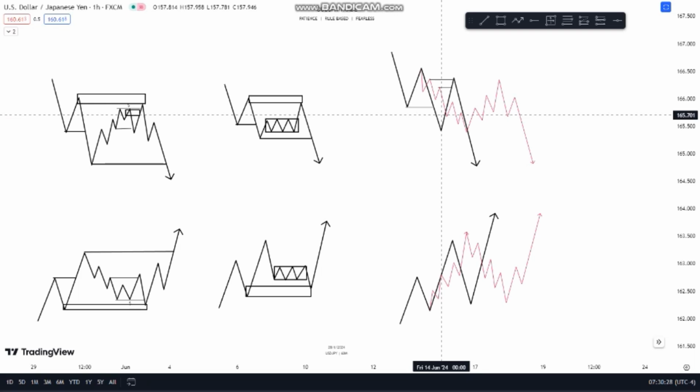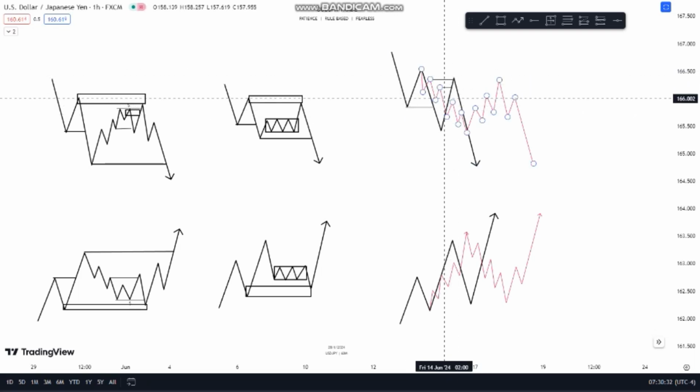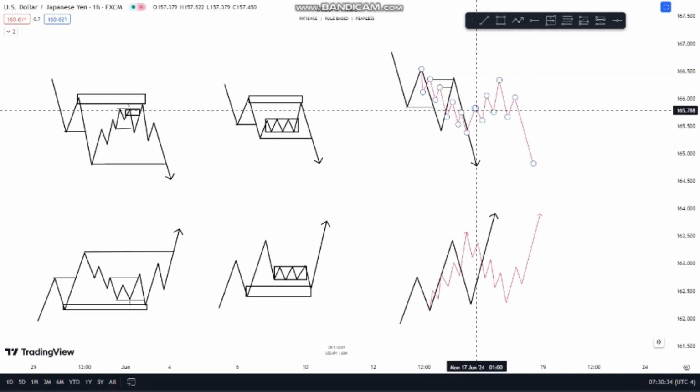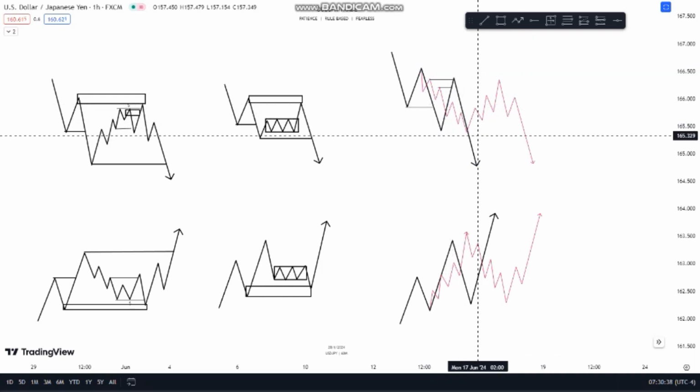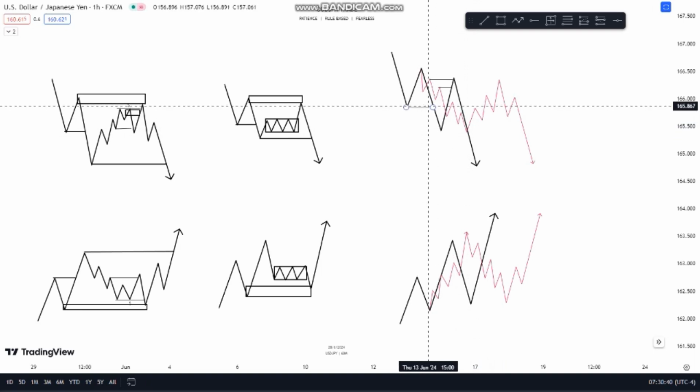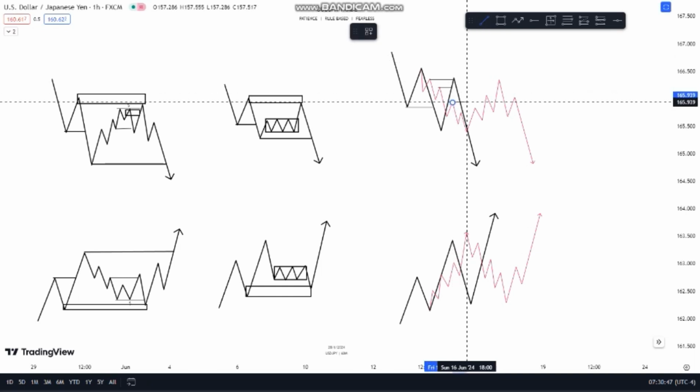I will still show you guys a live example of the internal liquidity. As you can see here, the 4-hour was bearish, but after the daily broke the structure, all the highs of that 4-hour will serve as liquidity.